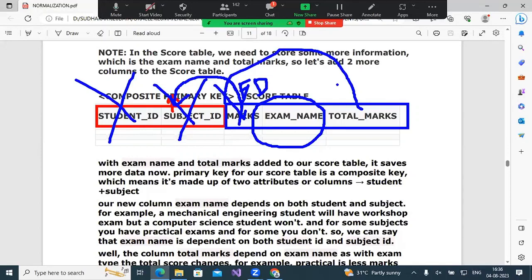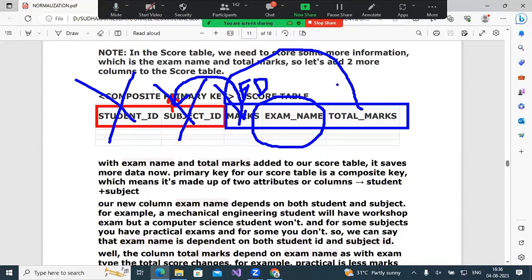Theory 75, practical 25, in some subjects I'm telling. Suppose in your semester, for example BTech first year, first semester, in total how many subjects? 6?